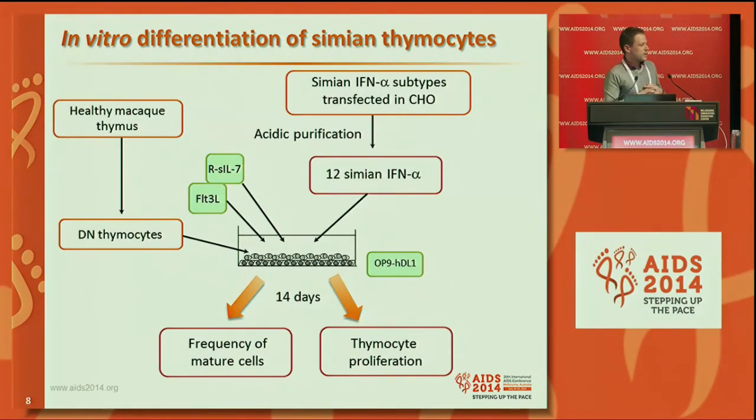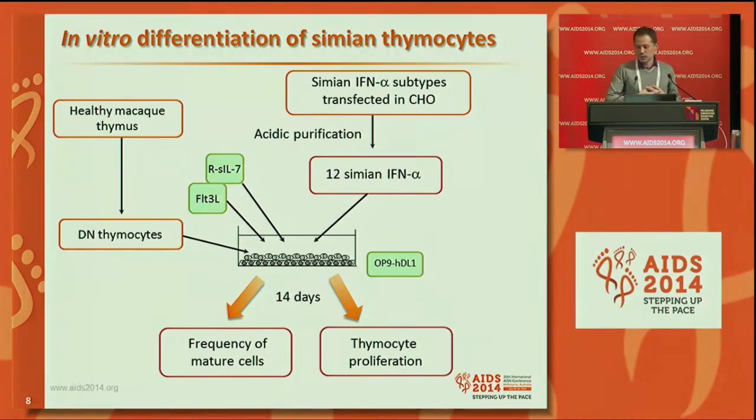To see if these interferon alpha subtypes could have an impact on thymocyte differentiation, we did an in vitro differentiation of simian thymocytes in the presence or absence of the 12 interferon alpha subtypes.